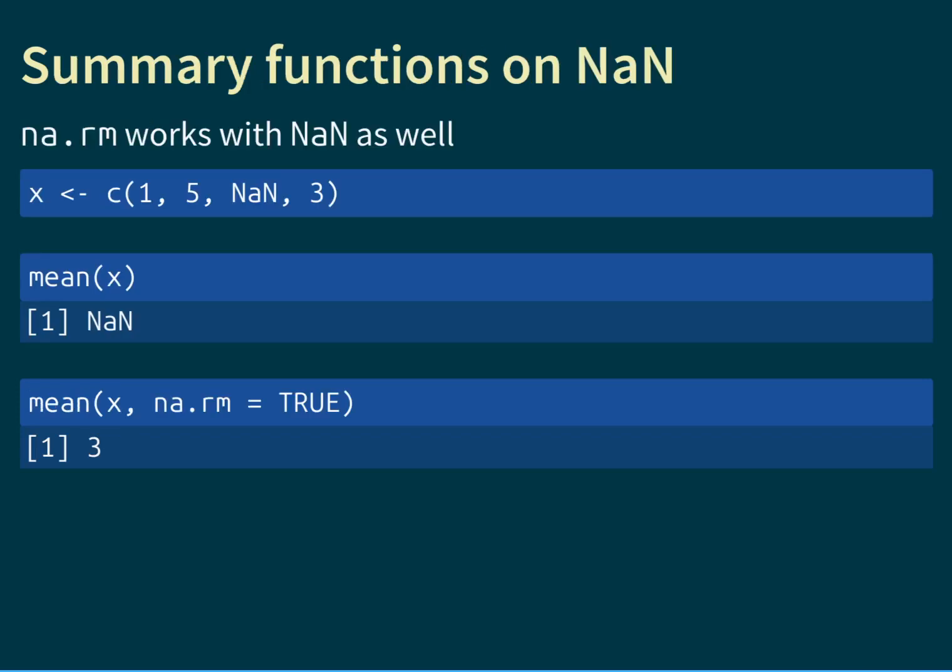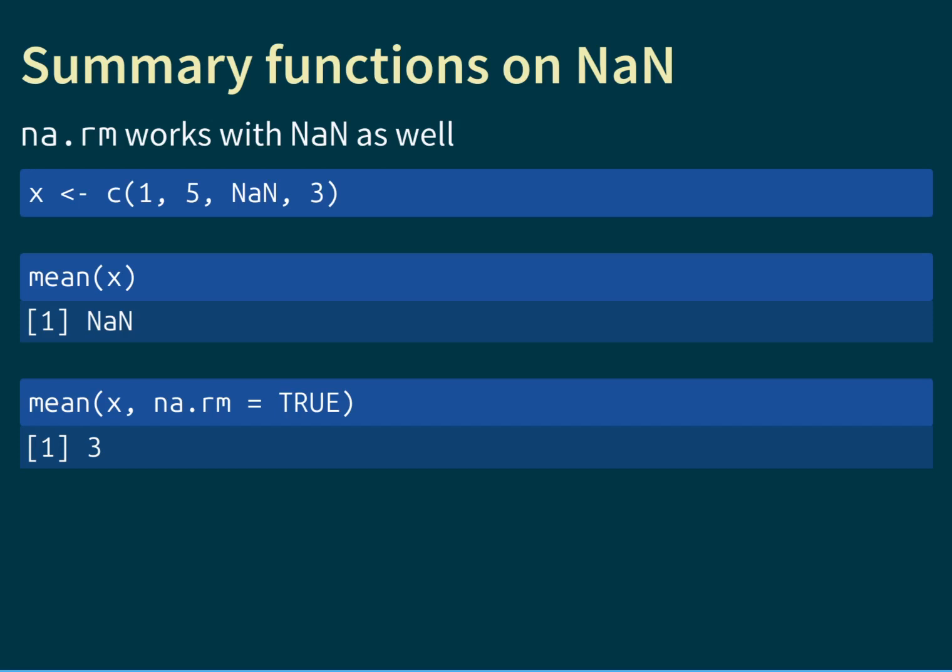NaN is not very different from NA. So it actually works very similarly in many ways. In fact, the na.rm argument of functions that have that argument works just as well with NaN as with NA. Here's a little example. If we have a vector x, which is just a simple vector with the numbers 1, 5, and then an NaN and 3, then if we try to compute the average of these numbers, then we get NaN again.